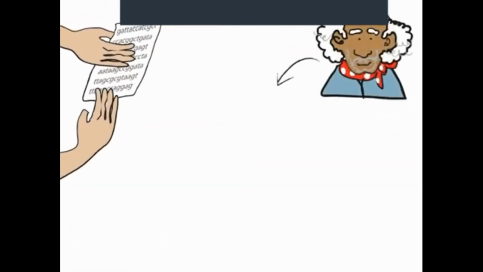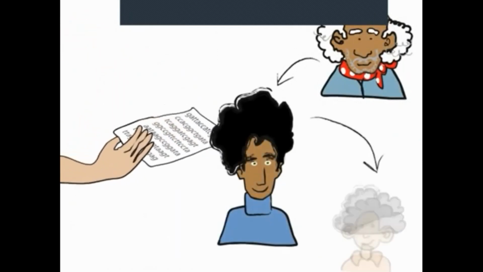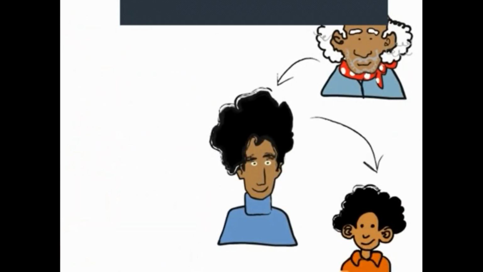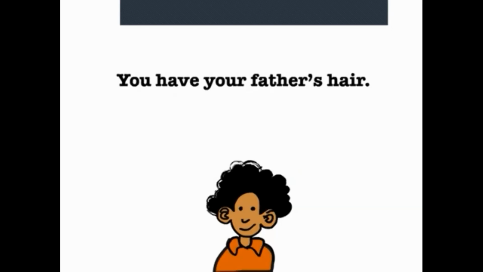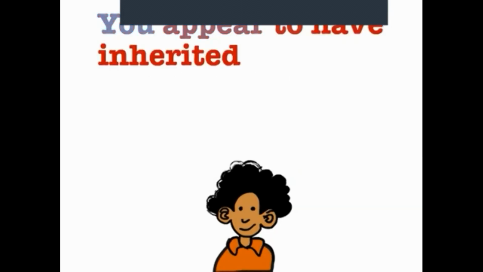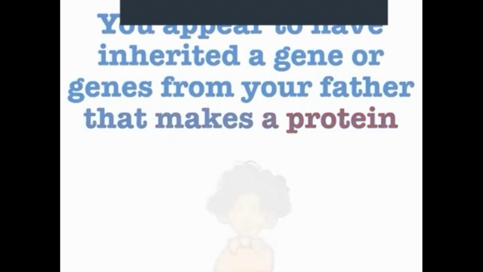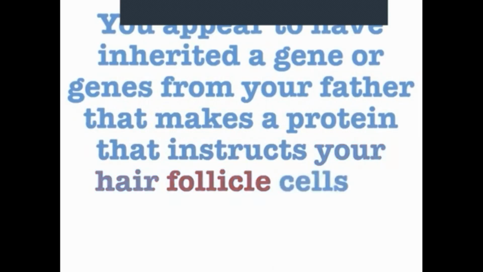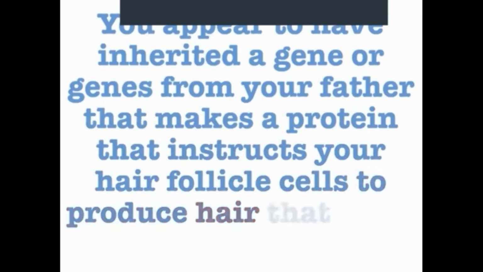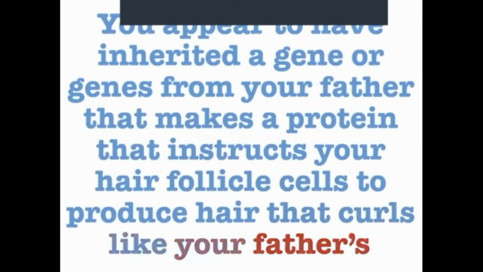These recipes are passed down from parents to children, from generation to generation. When someone says, "You have your father's hair," what they mean is, you appear to have inherited a gene or genes from your father that makes a protein that instructs your hair follicle cells to produce hair that curls like your father's.